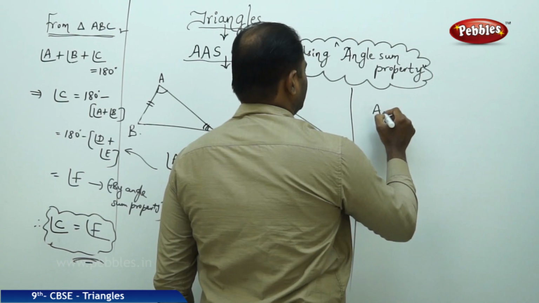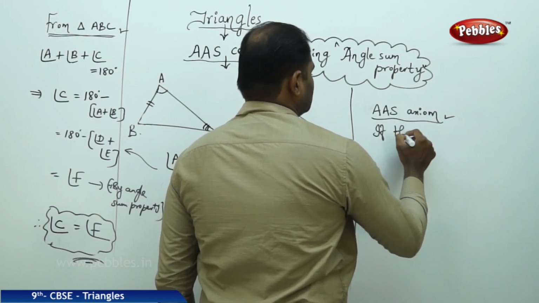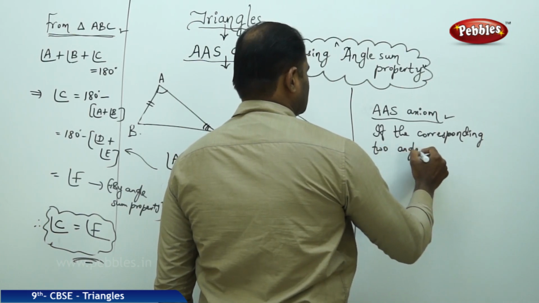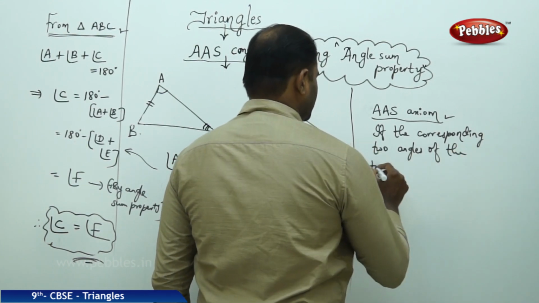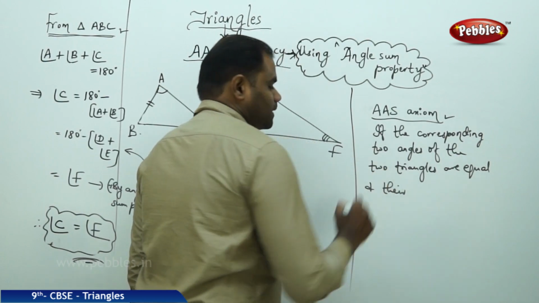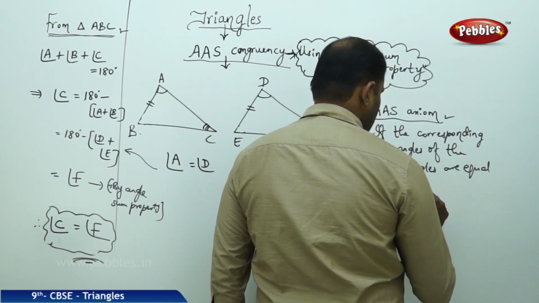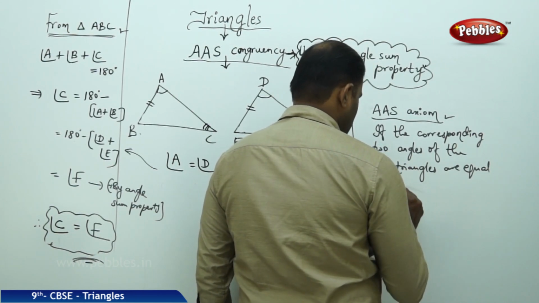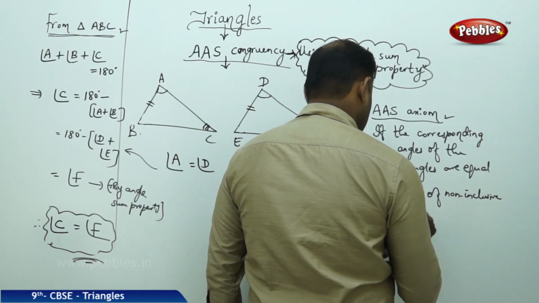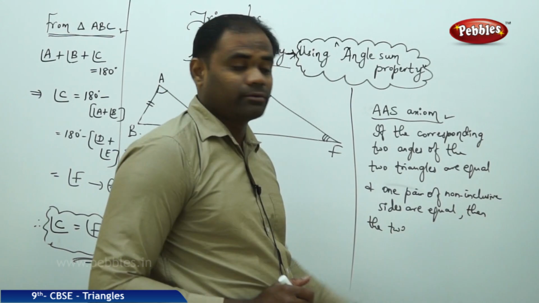Therefore, the AAS axiom: if the corresponding two angles of the two triangles are equal and one pair of non-inclusive sides are equal, then the two triangles must be congruent.